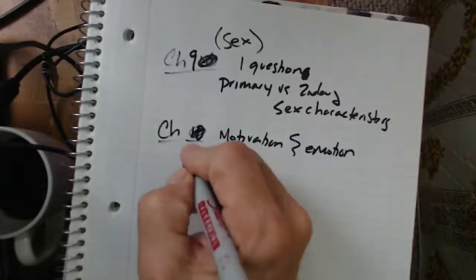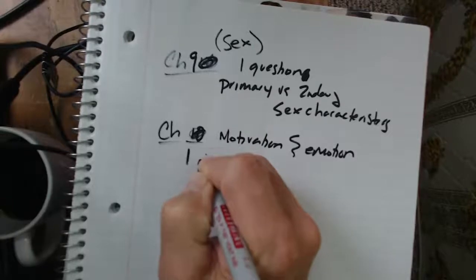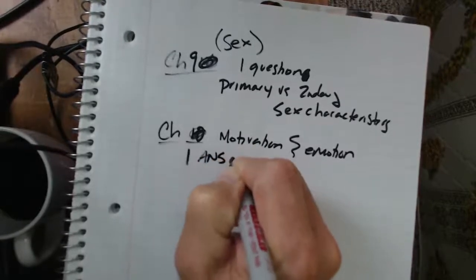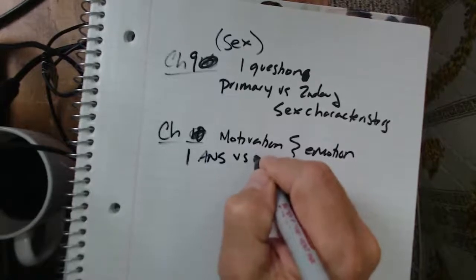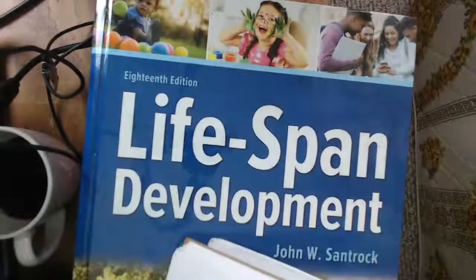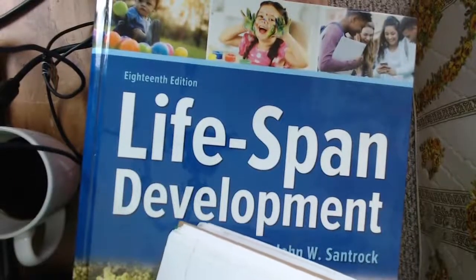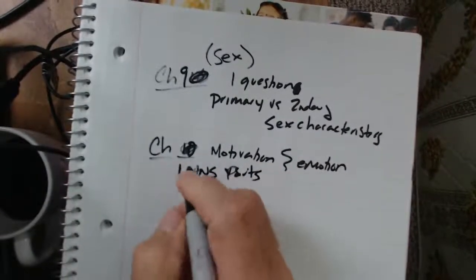So there is 1 on the ANS, the autonomic nervous system. Let's see. The parts of the autonomic nervous system. Okay.